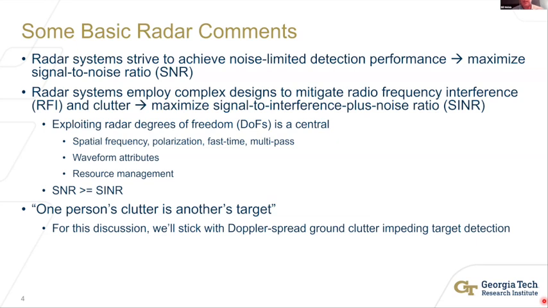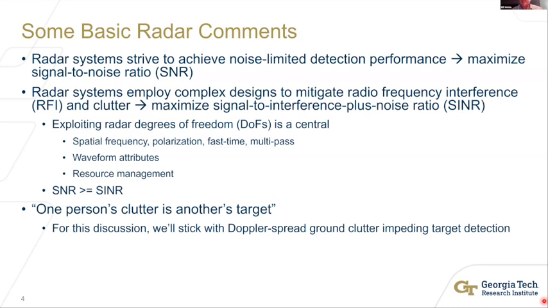These degrees of freedom include spatial frequency, polarization, fast and slow time, and pass-to-pass or multi-pass processing, as well as varying waveform attributes and developing sophisticated approaches to resource management. The ultimate goal is that, while SINR can never exceed signal-to-noise ratio, when you add clutter or interference, you can never get better performance. The goal always is to approach that noise-limited bound.